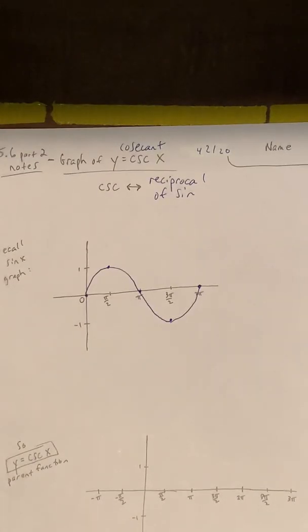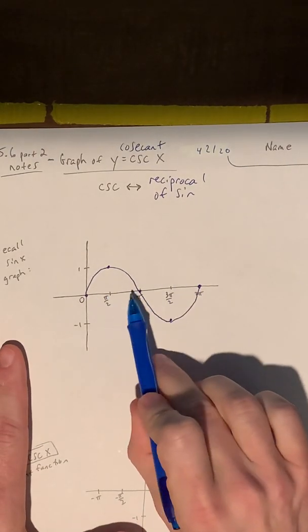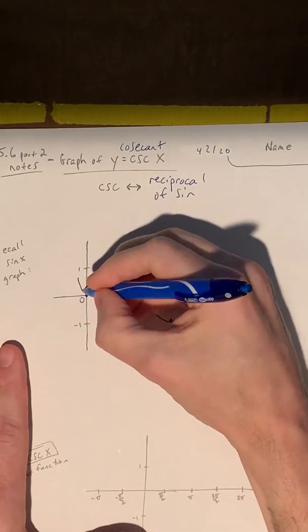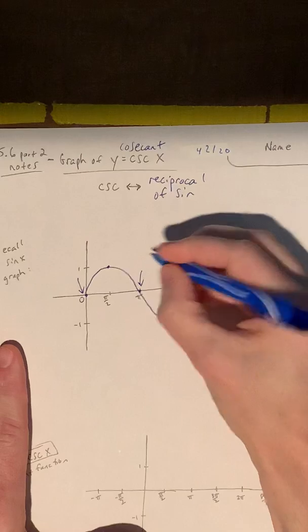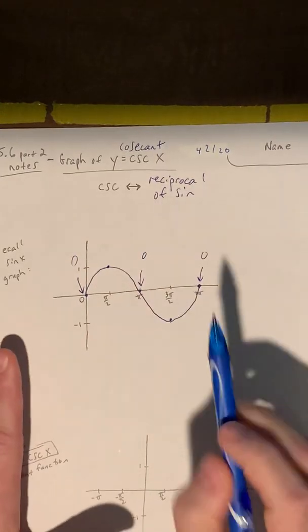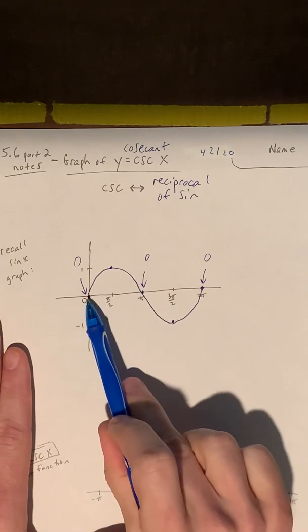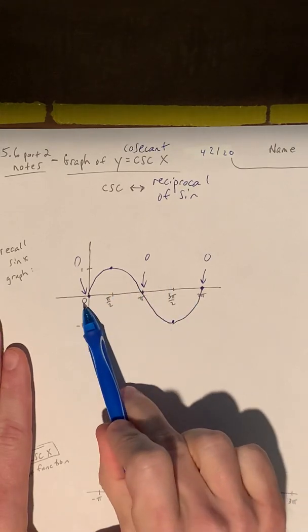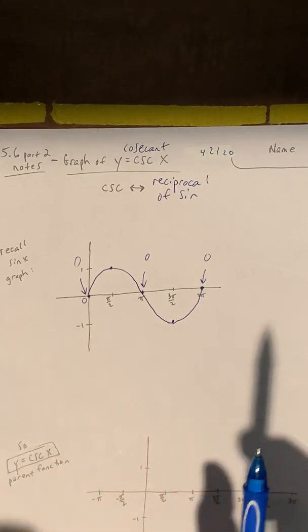Now, a couple important parts to this graph we're looking at. The 3 spots where it crosses, or where it's 0. It's 0 here, here, and here. Those are important parts to the cosecant graph. These increments at 0, at pi, and at 2 pi are important.